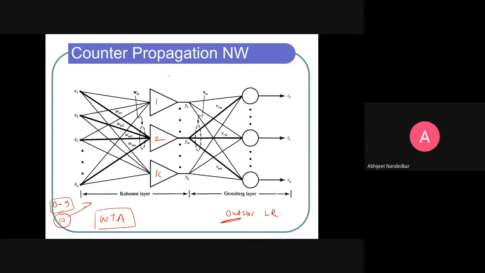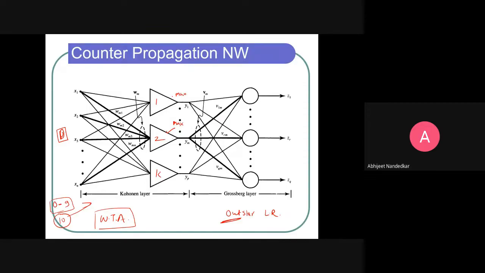Now I want to see whether this network is able to produce, for suppose digit 1 at this position, maximum response. For digit 0, you will get max response here.